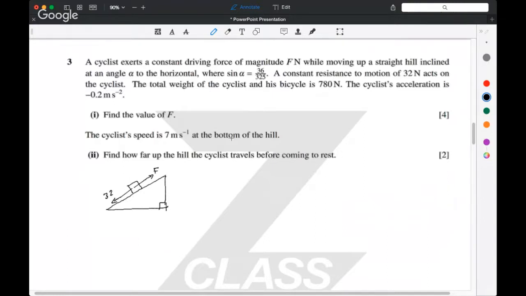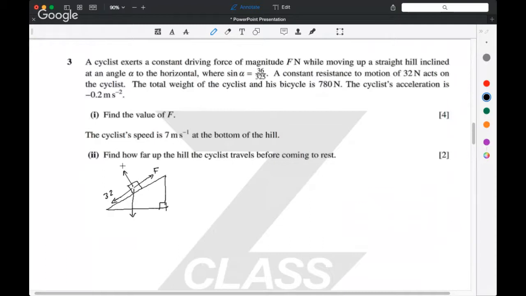They're just saying a resistance to motion, and that doesn't include the weight of the cyclist. The cyclist is moving uphill, so it probably is just the force of friction. Maybe some air resistance, force of friction on the tires from the rough ground, and so on. But we're just told that the total is 32.